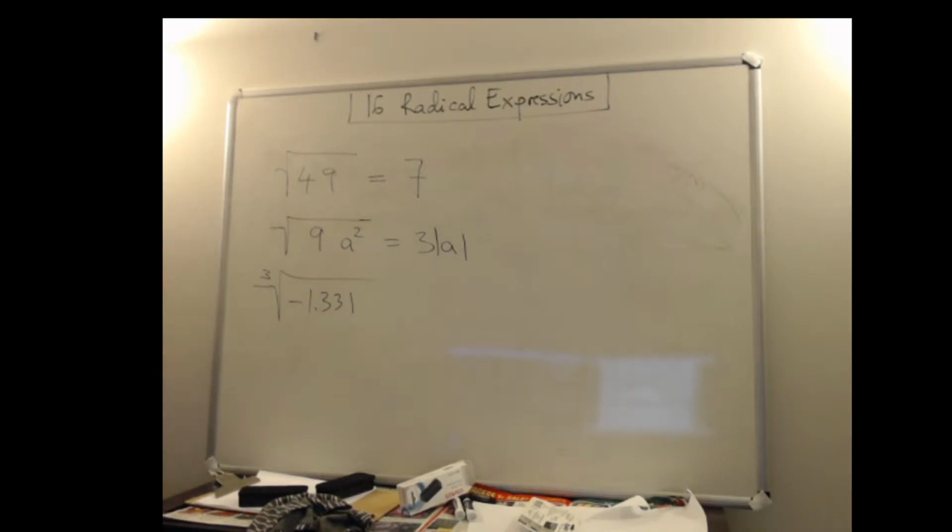I would not be able to have that because the radicand in case of an even index cannot be negative. But in case of an odd index, it could be negative. So no problem there. So I'm thinking about what number that would be whose cube is negative 1.331. First of all, that number must be negative, because if you multiply positive times positive times positive, it will be positive. So it must be negative times negative times negative, which is negative. So it's going to be negative.